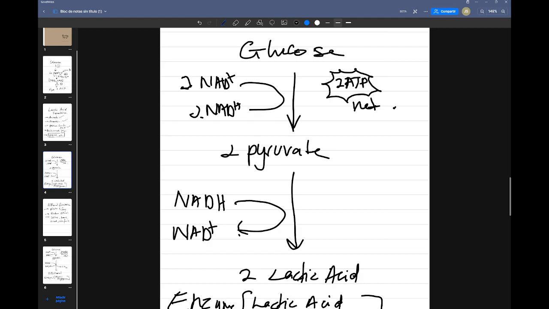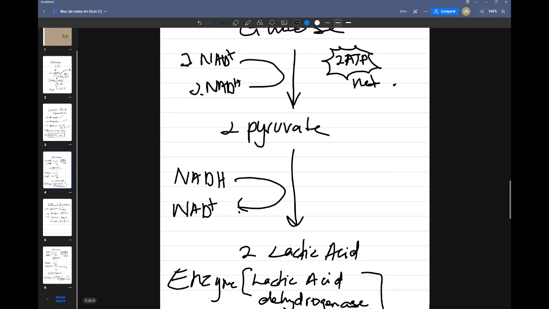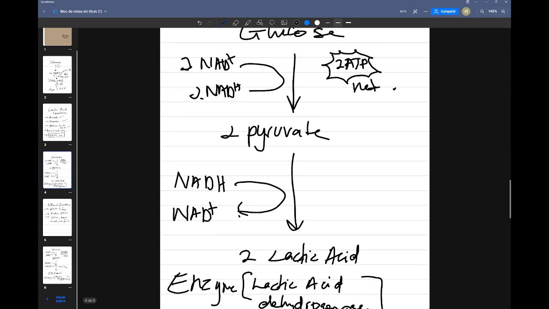Right? So after the pyruvate is created, then we notice that we're gonna have an enzyme, lactic acid dehydrogenase, working on pyruvate. And it creates 2 moles of lactic acid, right? And it replenishes NAD. Now remember, in fermentation there are always two processes. There's glycolysis, then NAD regeneration, because NAD is required for glycolysis to occur.